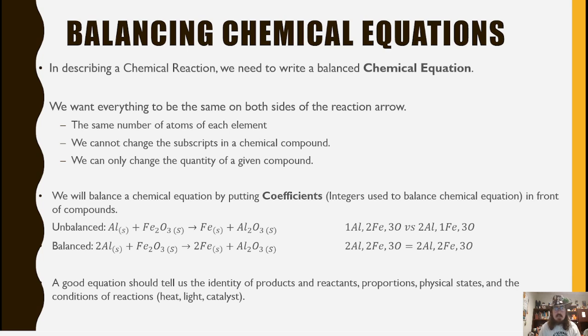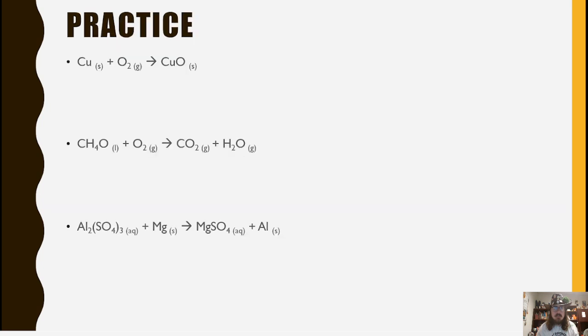So some of those things can be included in certain equations to fully flesh out what is going on. I should be able to look at the equation and figure out what is going on. So there is what is needed.